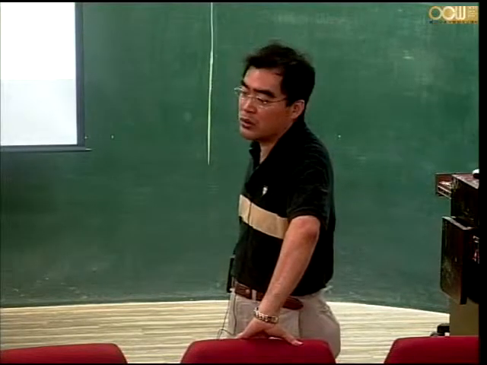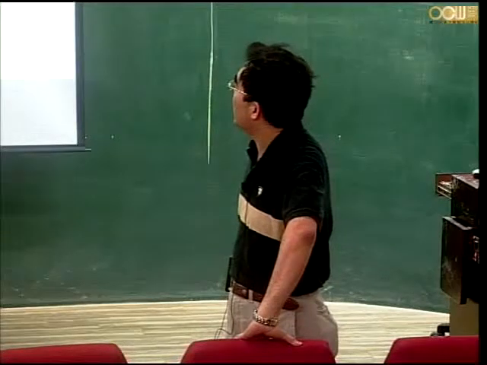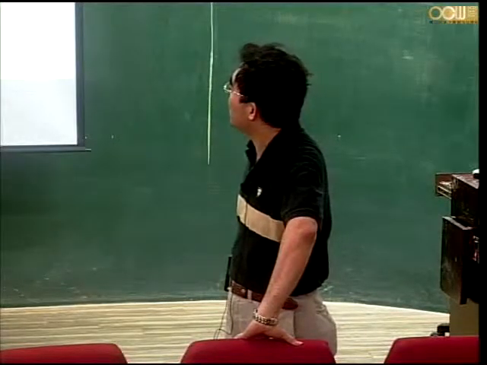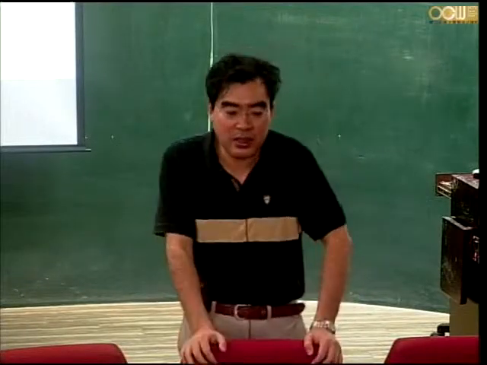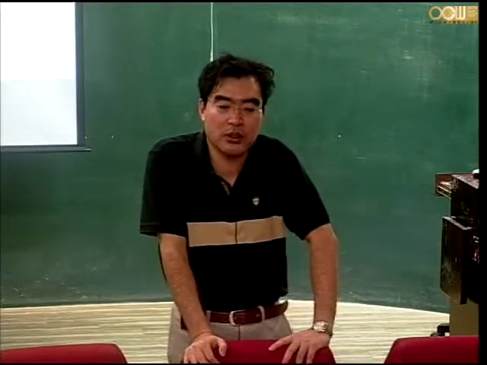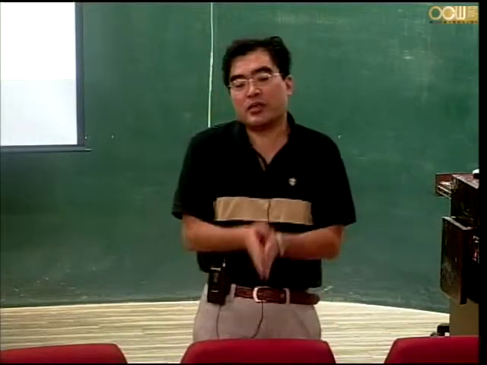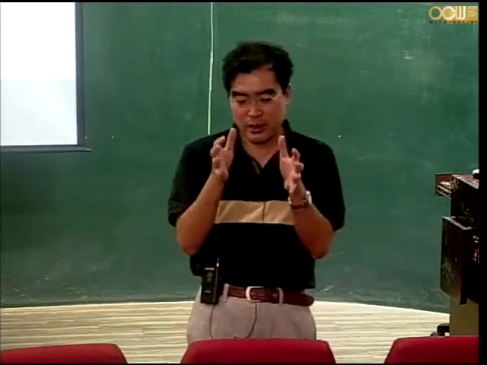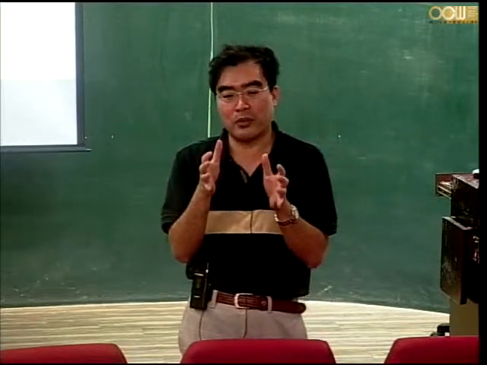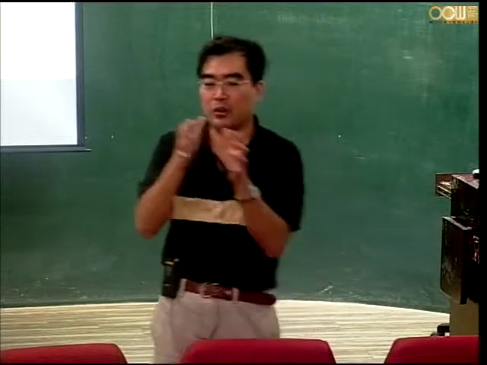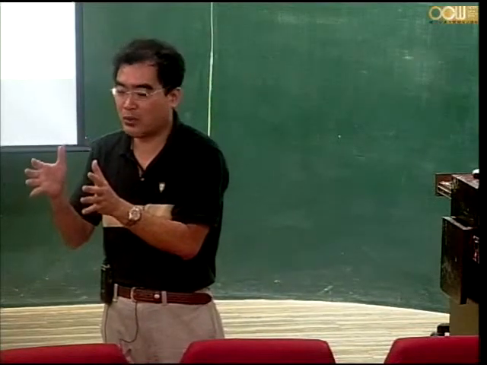It would be 1 over 1600, which is 625 microseconds. So every 625 microseconds, it would hop to another frequency. I would stay at a frequency only for 625 microseconds, and then hop to another frequency and stay for another 625 microseconds.